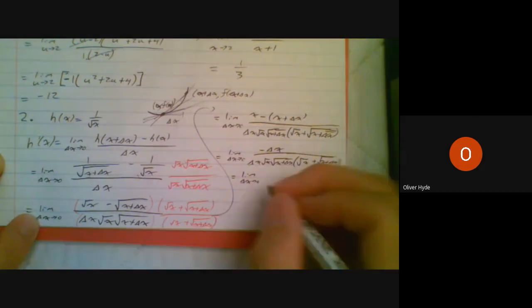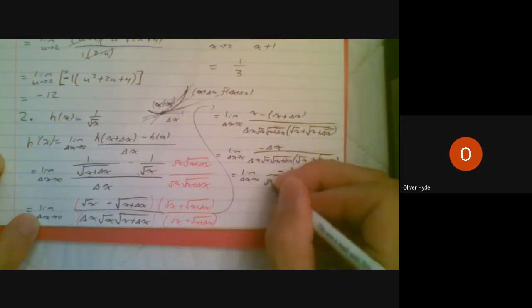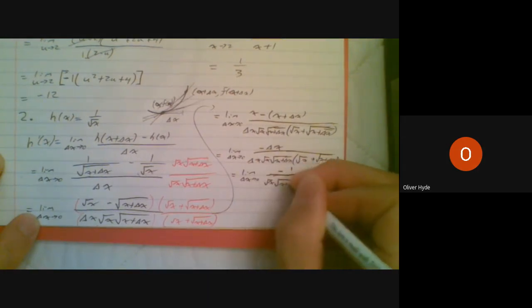You know what? I was thinking of maybe doing this one on the other side, and maybe I should have. Root x plus delta x. Root x plus root x plus delta x. Okay. And now I am in a determinate form.